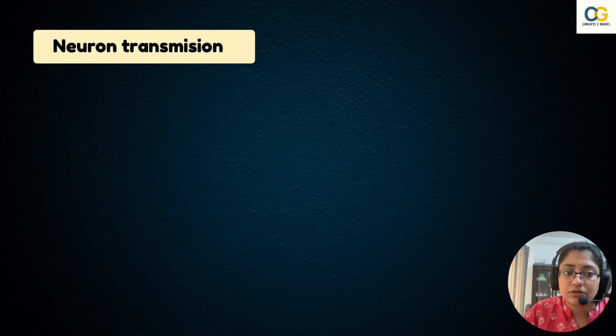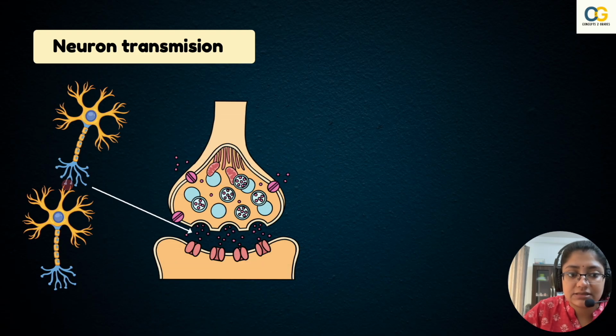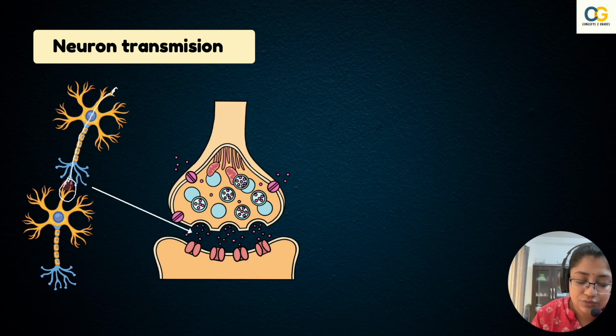So let us see how neuron transmission takes place. There is a chemical signal at the end of the neuron. It gathers that information, becomes an electric signal and passes through the neuron. Once it reaches the nerve ending, it is not connected end to end. There is no connection between the two neurons.